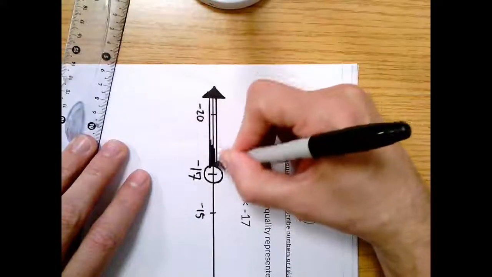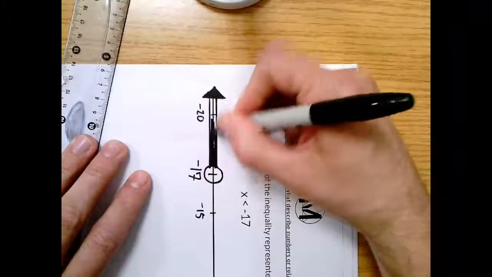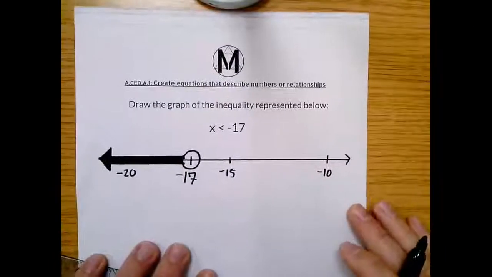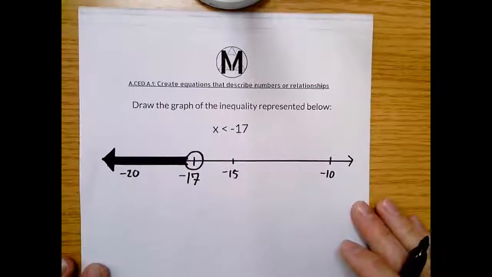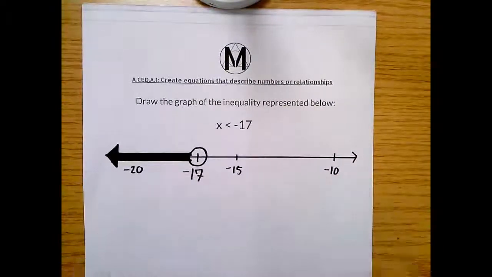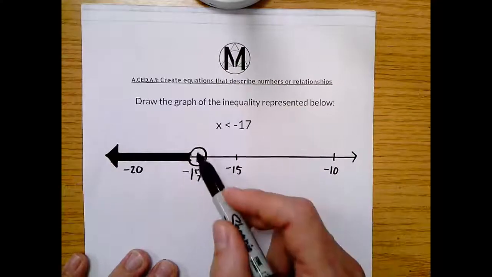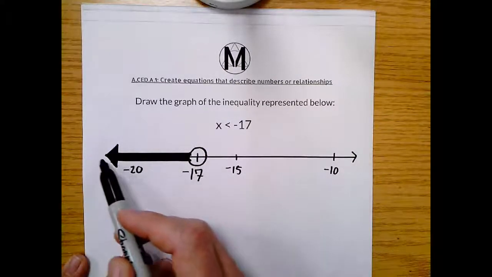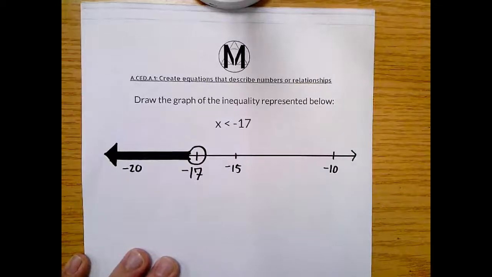So I'm going to help myself be successful, do what works for me, color that thing in nice and neat, and voila. And see, you've just made yourself a beautiful little number line with an inequality. It's clearly showing that negative 17 is not included, but every value smaller than, all the way to negative infinity, is a valid solution. And we're done.